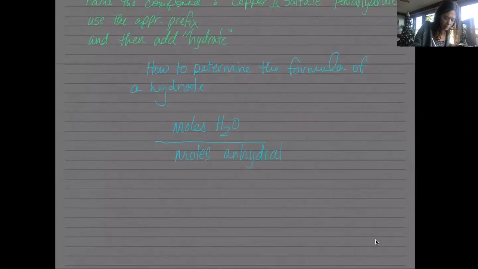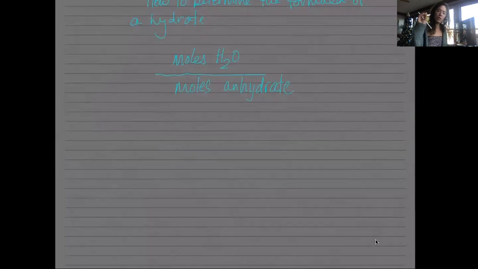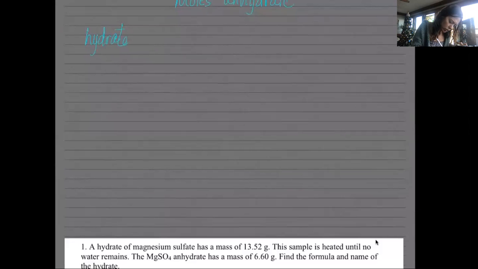Let's talk about that real quick. So how are you going to get these numbers? Those of you that come to school, there's a good chance I'm going to let you do this in the lab, or I'll collect the data and we'll share it. But you're going to take your hydrate, and you're going to set up something called a ring stand.